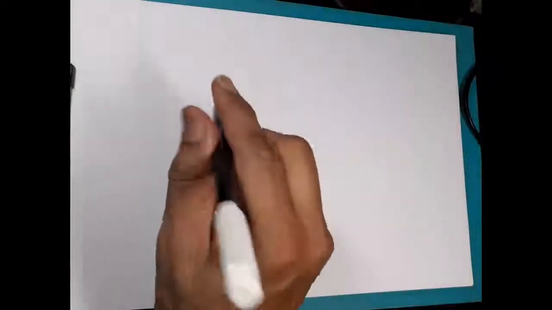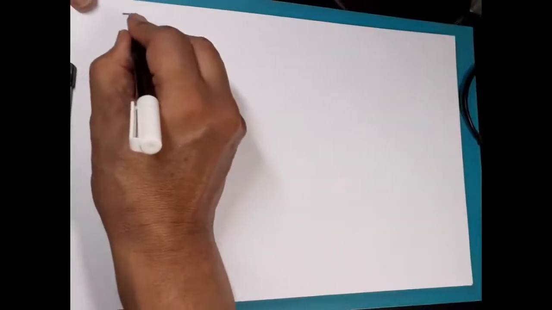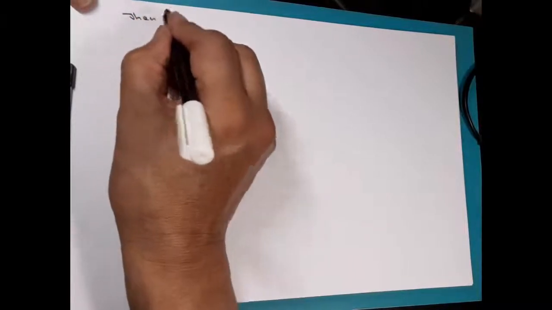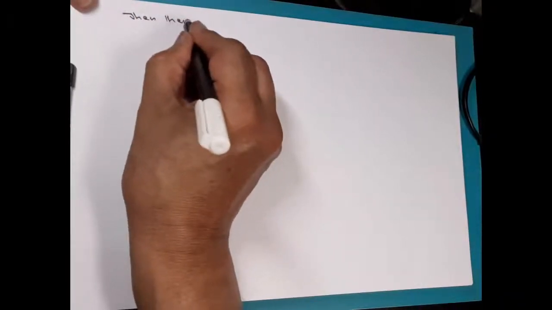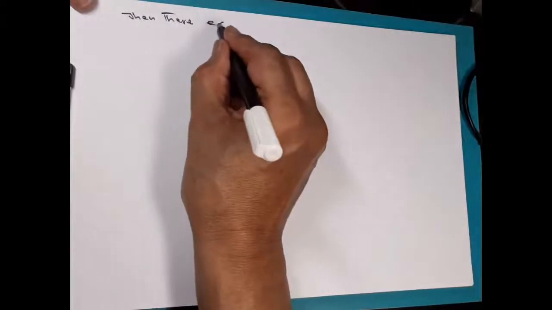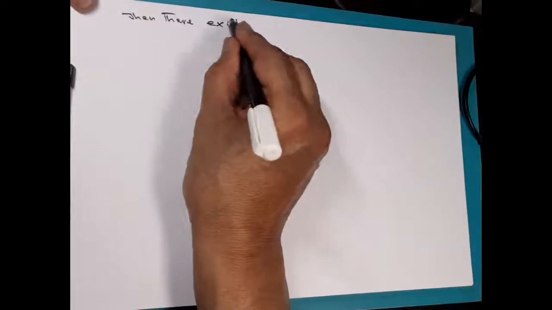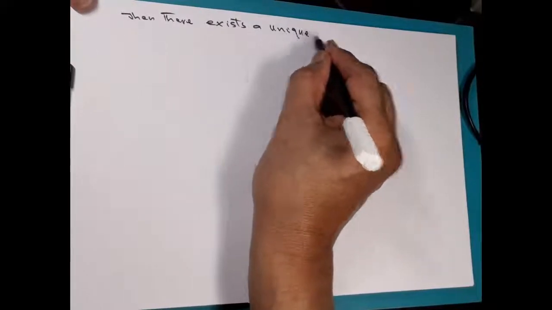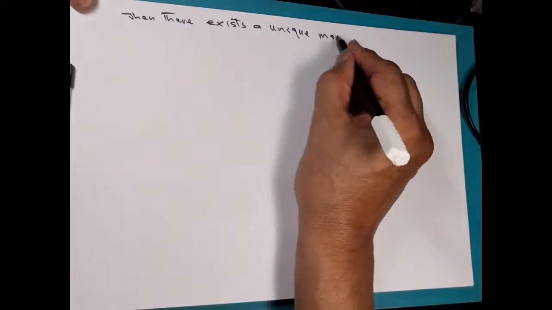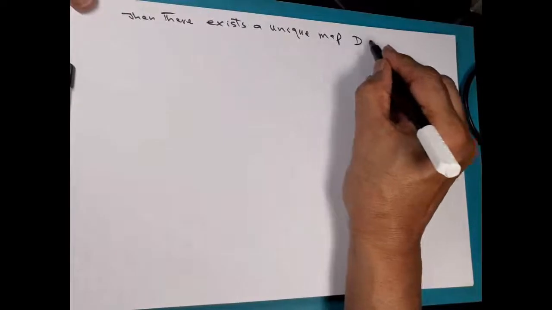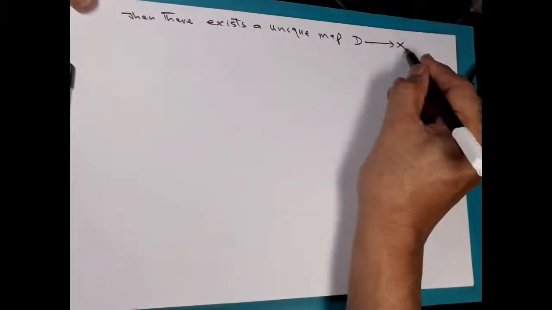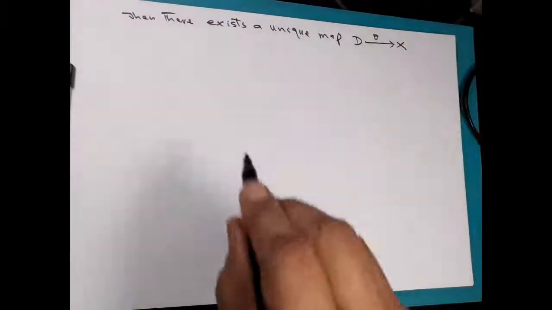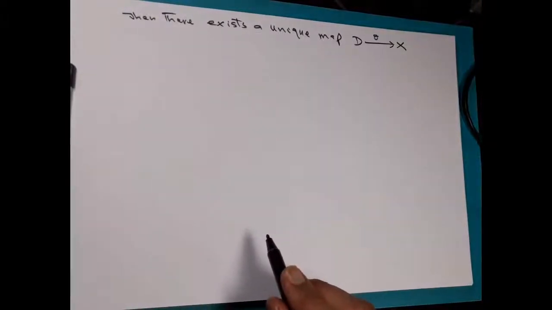Then there exists a unique map from D to X. We have denoted this map by theta.